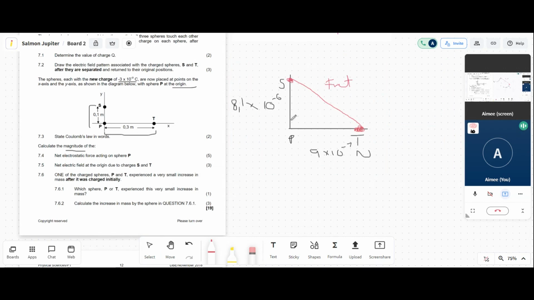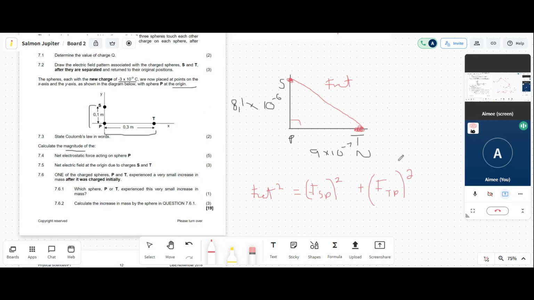Okay, it's a 90-degree triangle. And you know that your formula for Pythagoras goes as follows. If we're doing it in terms of what we've labeled on our triangle, we say F net squared is equal to the force between S and P squared plus the force between T and P squared.